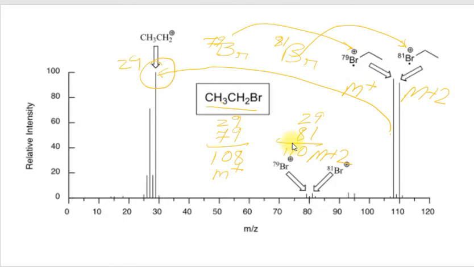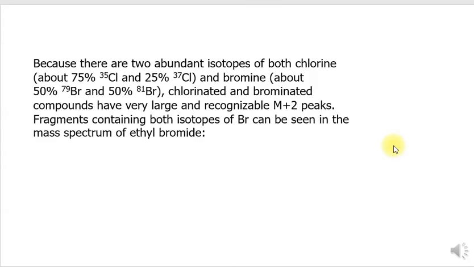Then you also have other peaks, which can be the fragmentation due to carbon-carbon cleavage. But as I've said, the importance of the M plus and the M plus 2 peaks is that they give you the hint that it is a bromine-containing compound, and a mono-bromine substituted compound.